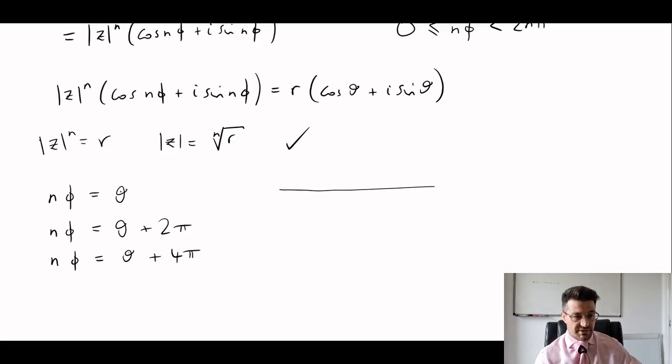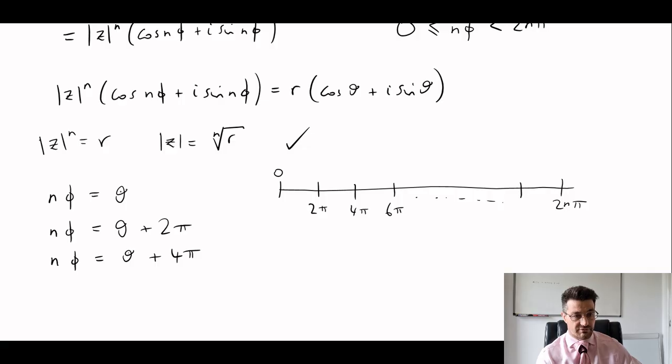I could think about it maybe in this way. I've got 0 here, and I've got 2n pi up here somewhere. And so I can split this up into 2 pi ranges. 2 pi, so this is like a real number line, for example. 4 pi, 6 pi, and so on and so on and so on.